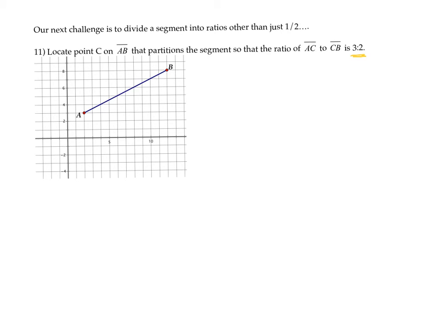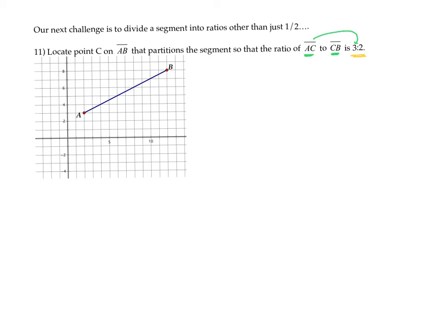Okay, so here's an idea. We want to count, like follow a pattern going from point A to point B. And by the way, this is a directed line segment, so we want to compare AC to CB. AC is going to be the longer segment.